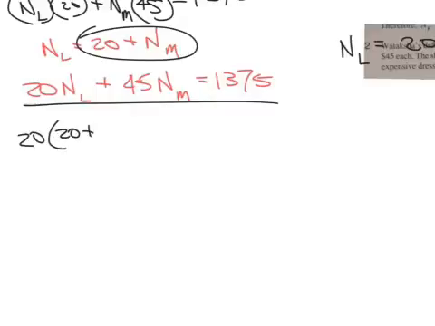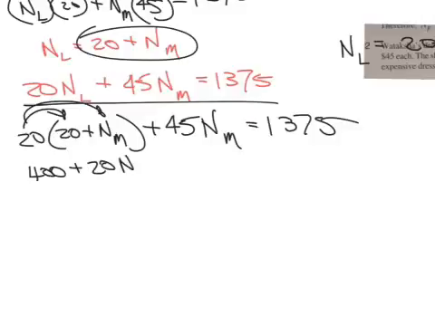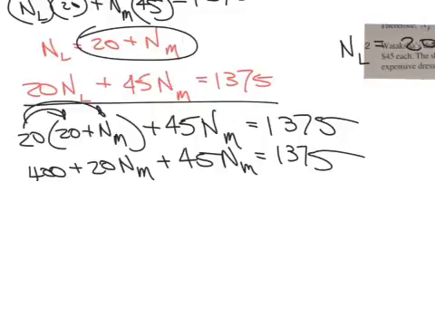That's what my substitution does. Okay, now I've got one equation there, and I've got to distribute that. So I've got 400 plus 20 NM plus 45 NM equals 13.75.